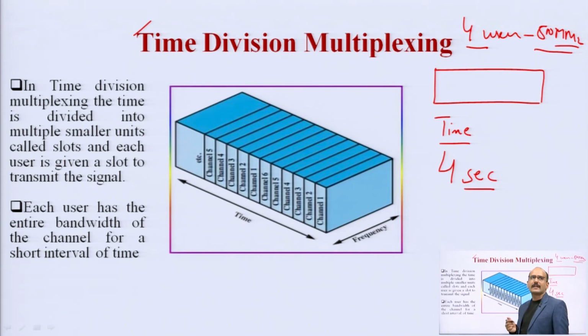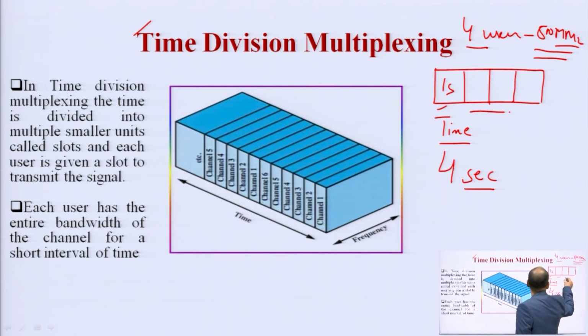by this packet transmission technique, or the time division multiplexing technique, where this particular packet of 4 seconds is divided into 4 parts of 1 second each. It means this 500 megahertz bandwidth is allocated to the first user for a complete 1 second.